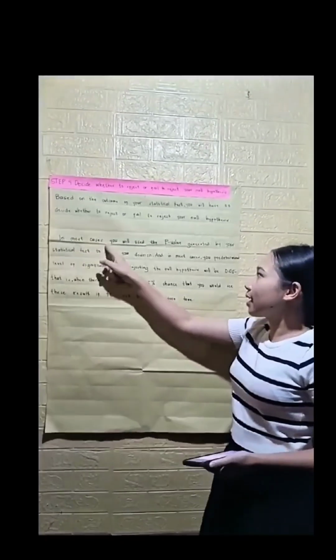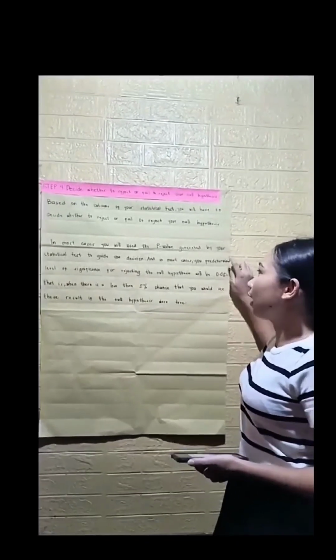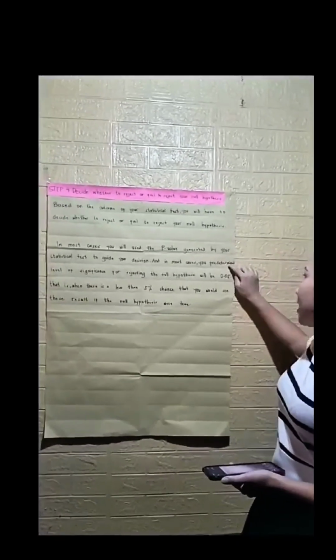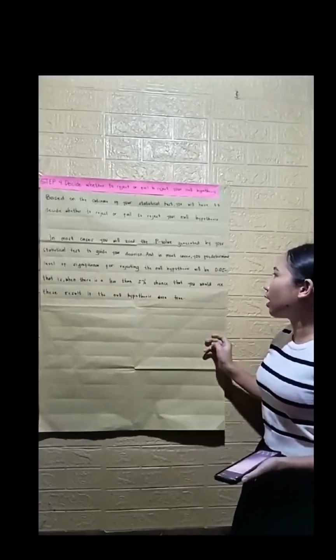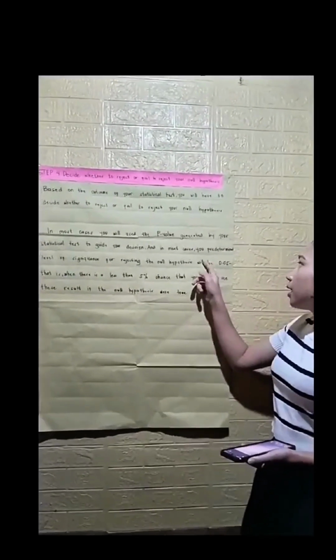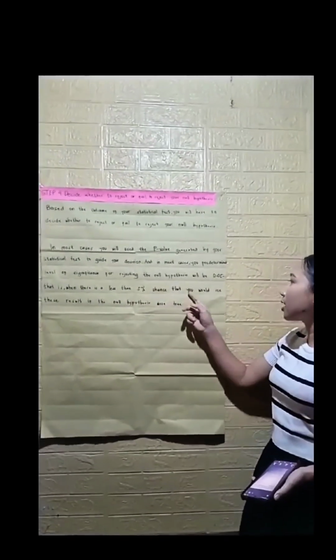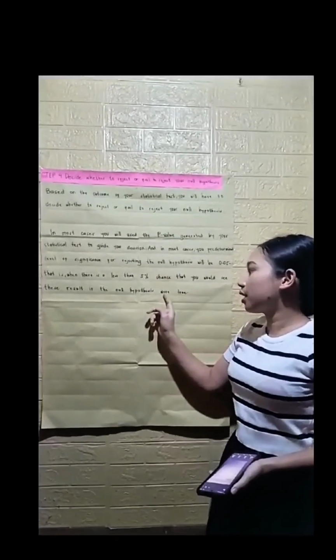In most cases, you will use the p-value generated by your statistical test to guide your decision. In most common cases, you predetermine a level of significance for rejecting the null hypothesis, which is 0.05. That is when there is a less than 5% chance that you would see this result if the null hypothesis were true.